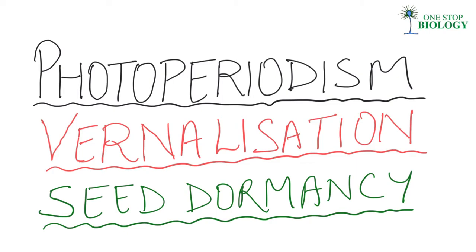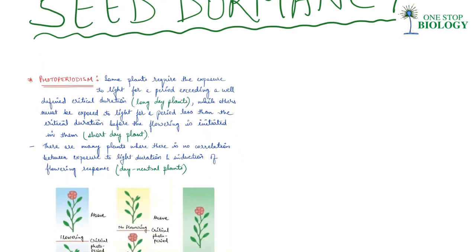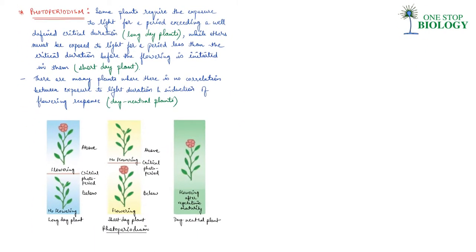So guys, let's start with photoperiodism first. What exactly it means, what is its definition, and how it is basically important for plant growth and development. So basically, guys, it has always been observed that there are some plants which require a periodic exposure to light.